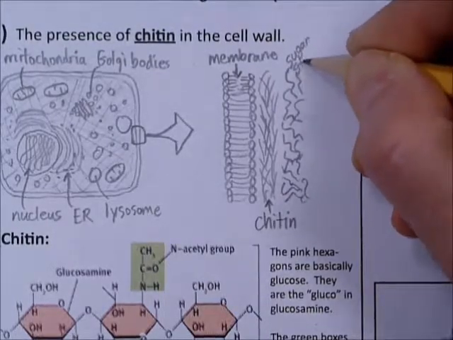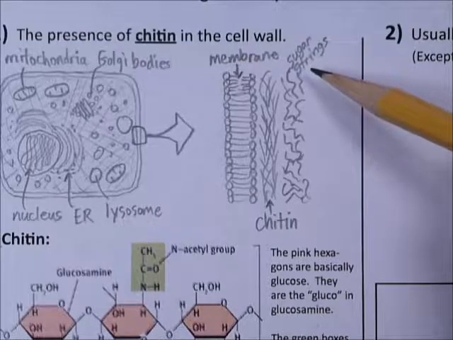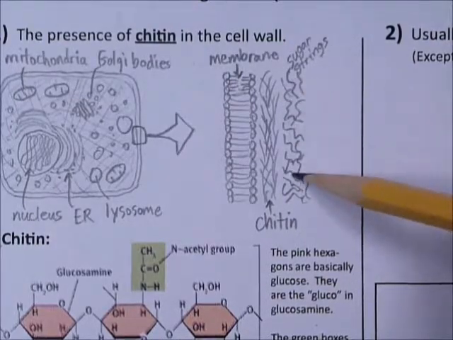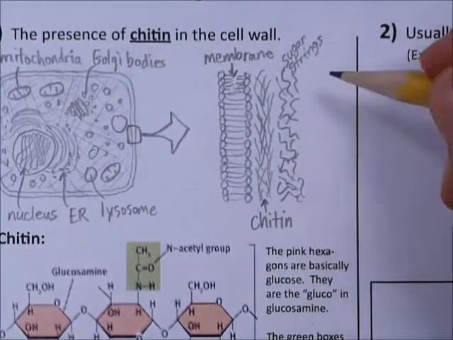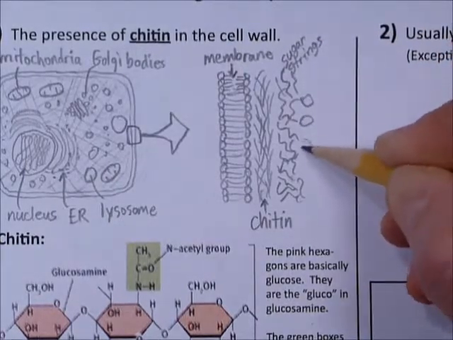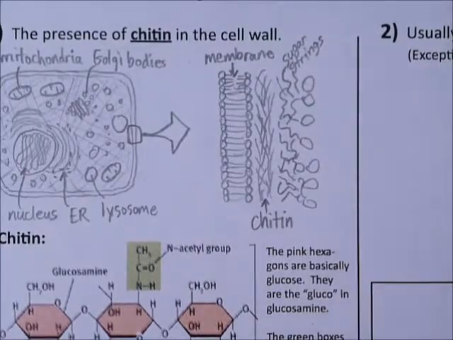Sugar strings. Now we're used to thinking of sugar as something you eat and you burn it for energy. But here we see sugar being used as a structural element. It's a building block of this cell wall. And then these attach to some protein blobs, like that.